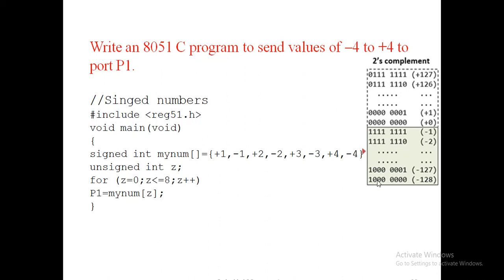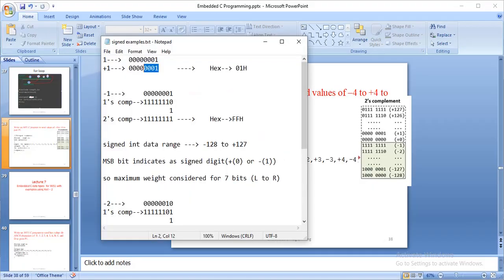If it is 1000 0000, that value is minus 128. For signed int, the values are from 0 to 127 and minus 1 to minus 128. Already I told, for signed int the values are from minus 128 to plus 127. So this is the range. So all ones, what is it? Minus 1. How to derive it? With the help of 2's complement.